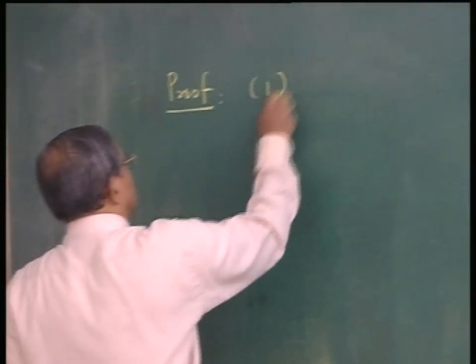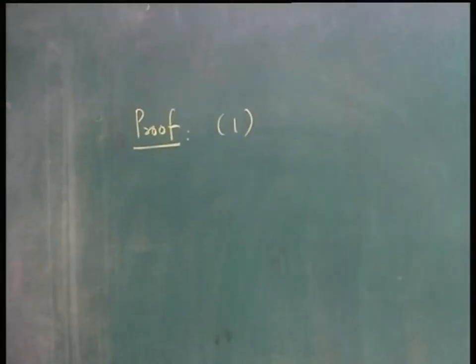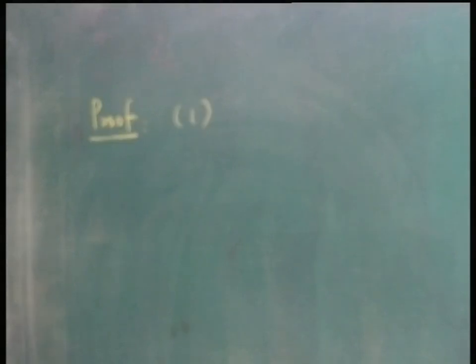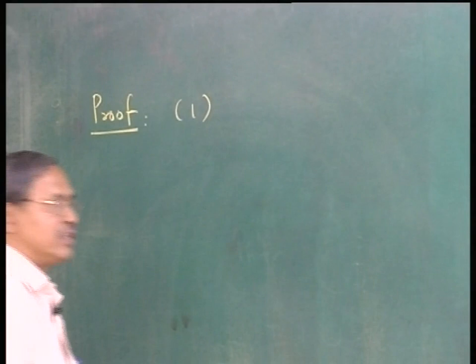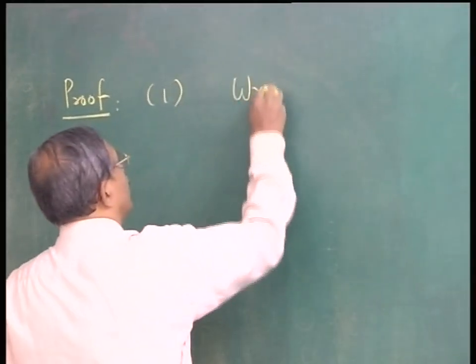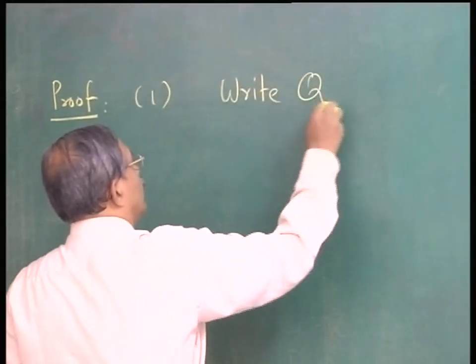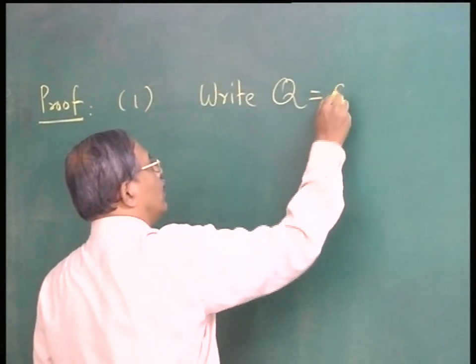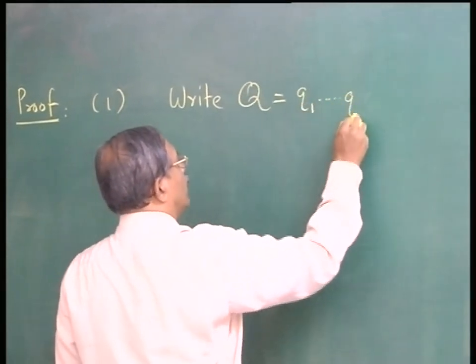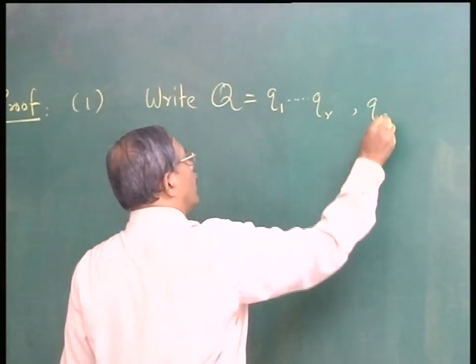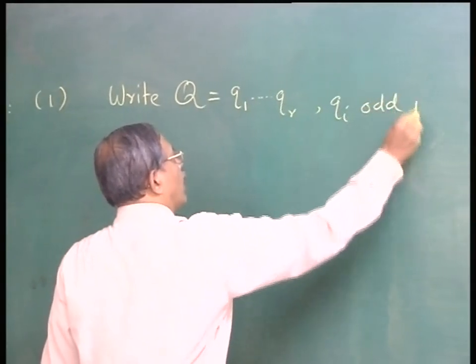So first one is (-1/Q). Write first of all Q as a product of primes. That is the first step. Q = Q1 Q2 ... Qr, with the Qi odd primes.